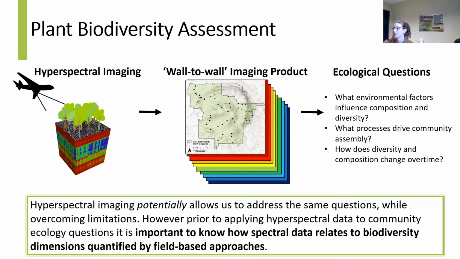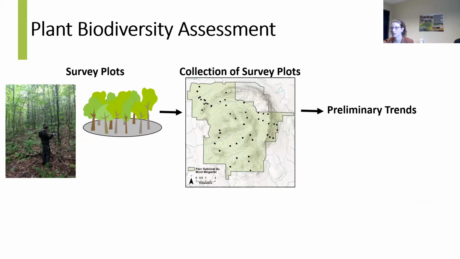However, before we apply these hyperspectral data to community ecology questions, it's important to know how the spectral data relates to biodiversity dimensions quantified by field-based approaches. For this talk, we're going to be focused on the field-based data, presenting both the methodology and some preliminary trends we've seen at Mont Mégantic.